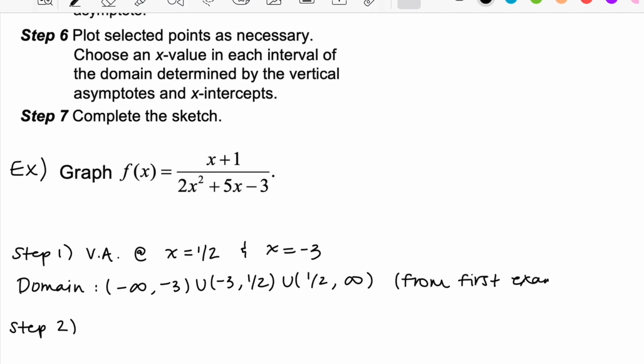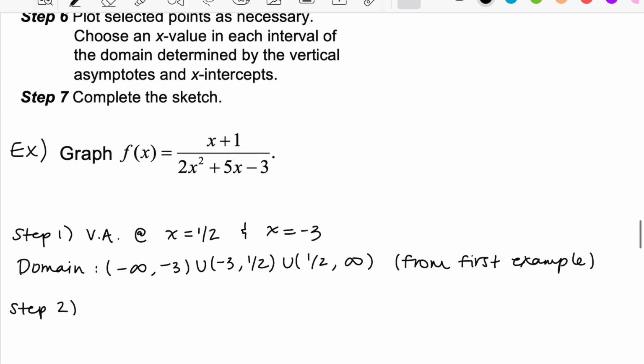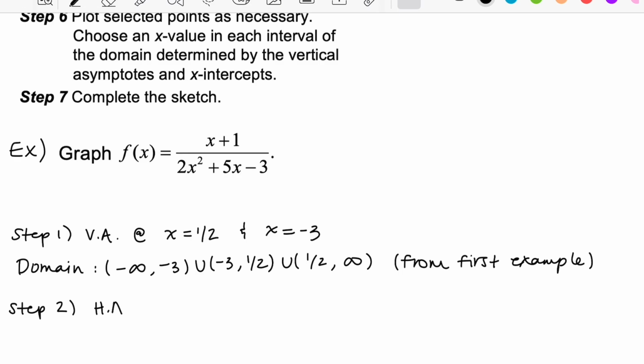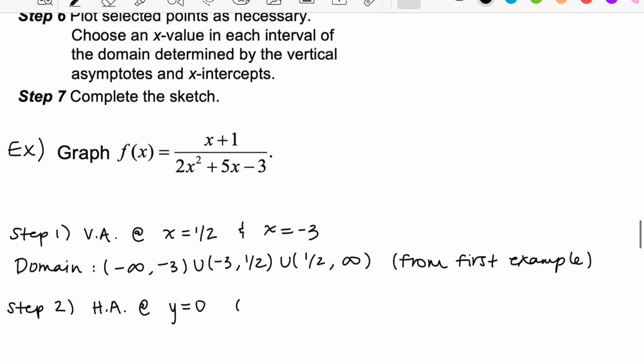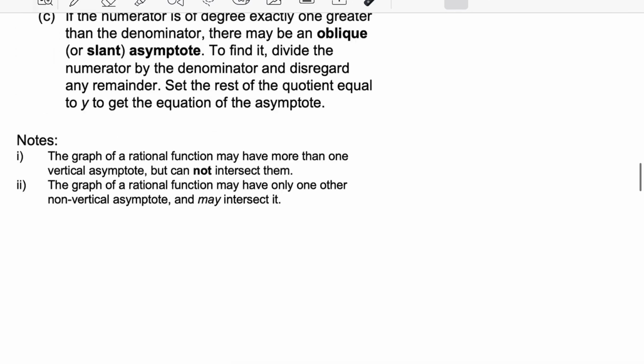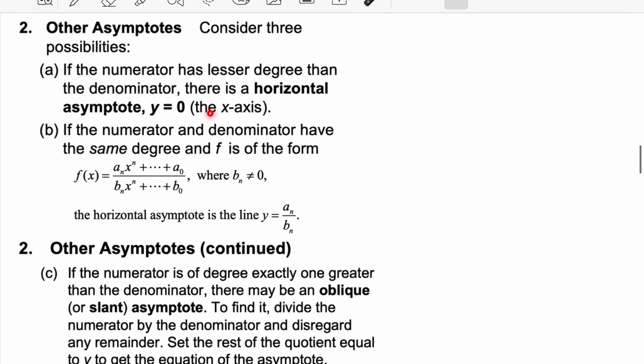So we just set our denominator equal to 0 and solved for x. Similarly, from the first example, we saw that we had a horizontal asymptote at y is equal to 0. And we also know that this is the case because the degree in our denominator is bigger than the degree in our numerator.